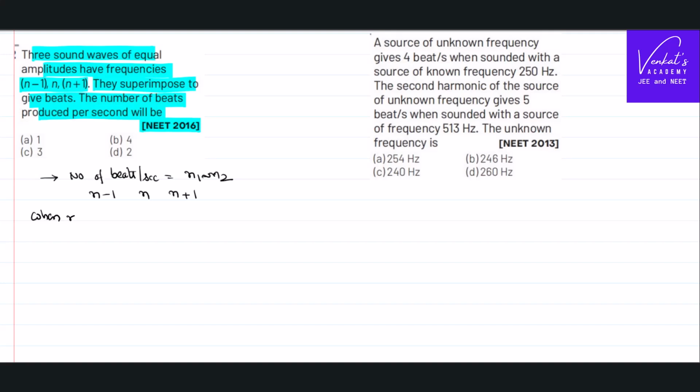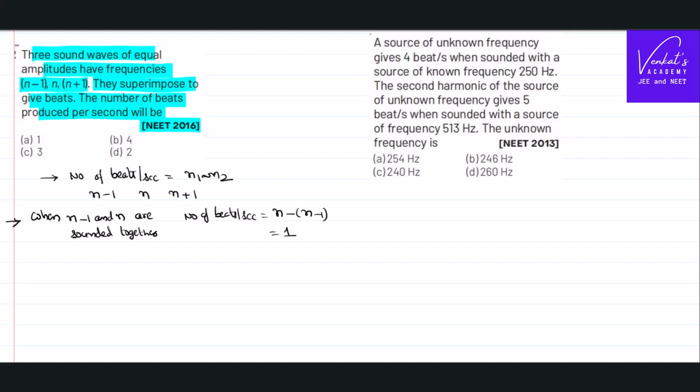when n minus 1 and n are sounded together, the number of beats per second is the difference between the frequencies, n minus (n minus 1), which is equal to 1.